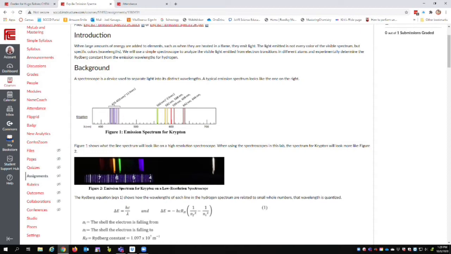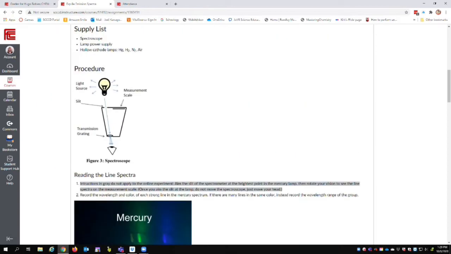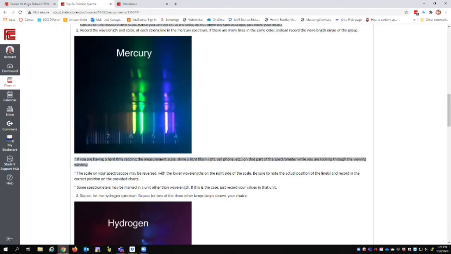And so what we're going to do is we're going to calibrate the particular spectroscope that we're using. And we're going to do that by looking at the mercury spectrum and reading the lines in the mercury spectrum. And so here's the mercury spectrum. This is what's being called the orange line.